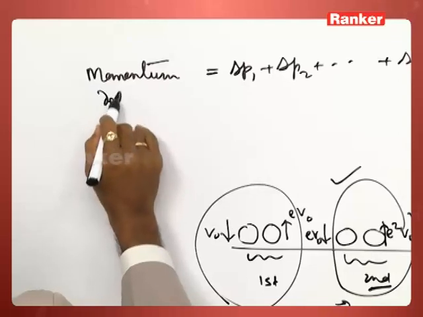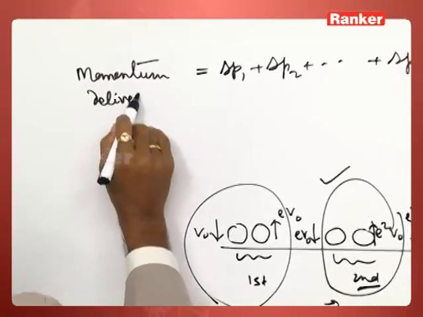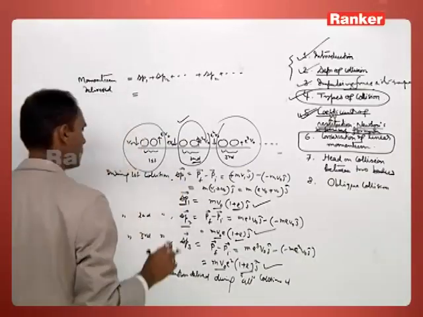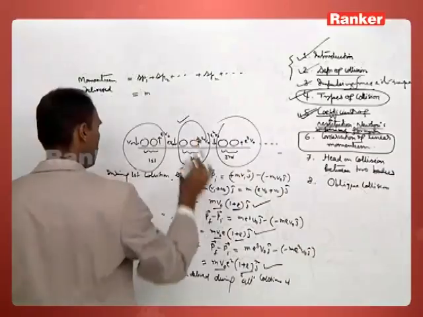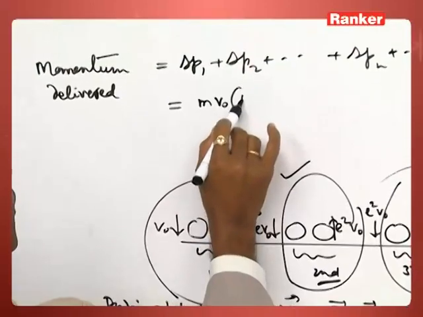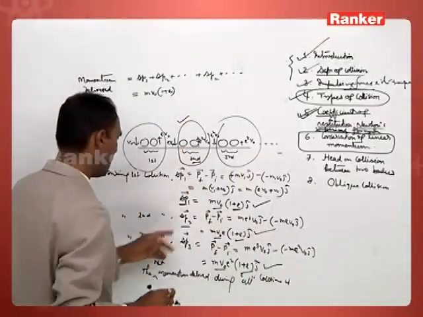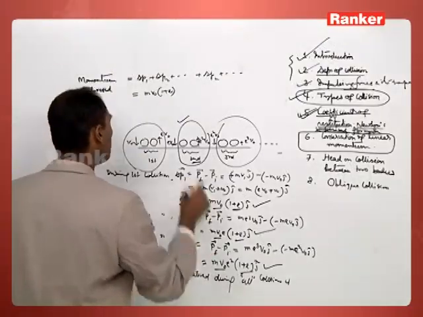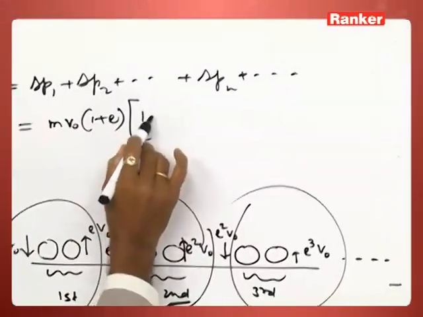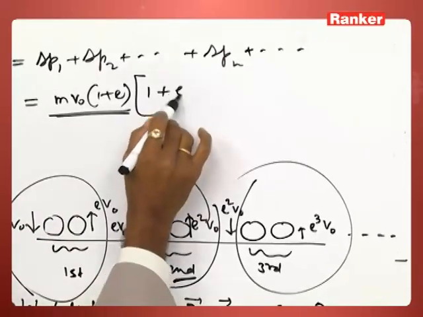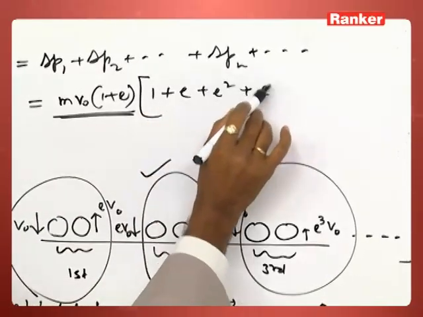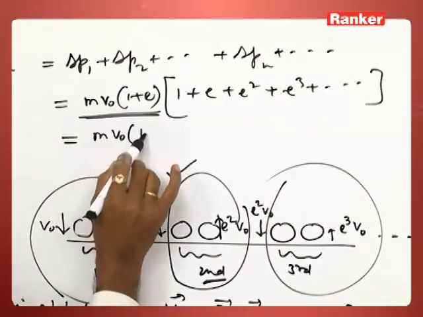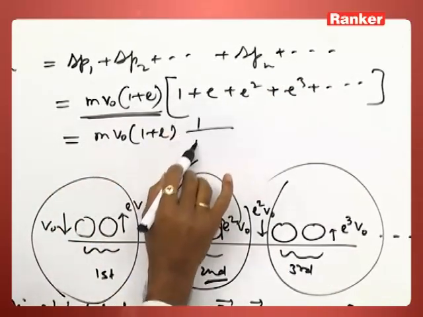Del P1 is equal to m v naught (1 plus e). Del P2 will be equal to m v naught (1 plus e) into e. So, if you take this factor common, 1 plus e plus e square plus e cube and so on. So, m v naught (1 plus e) times 1 by (1 minus e).